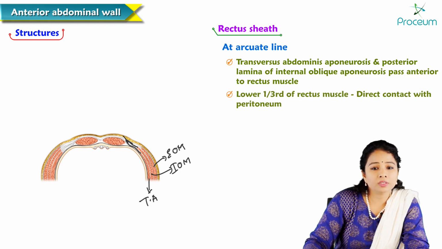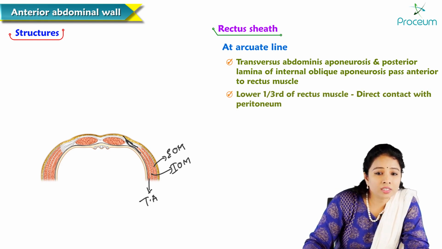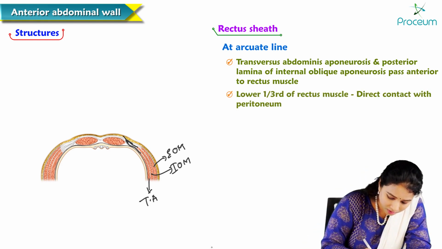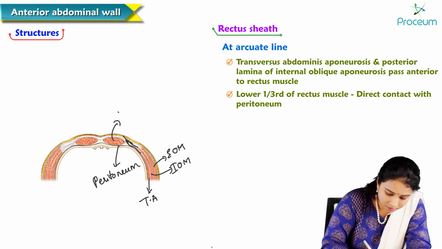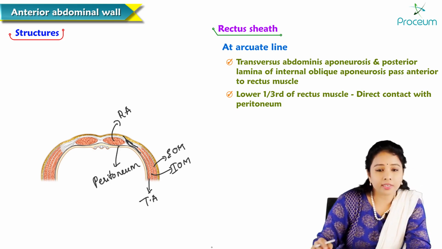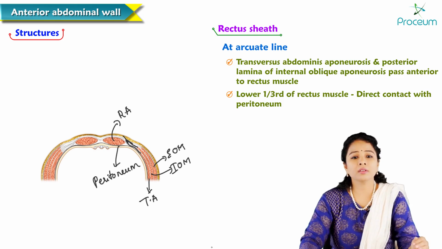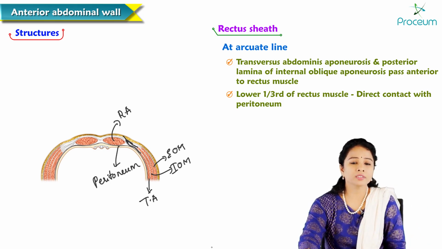Thus the lower one third of the rectus muscle is in direct contact with the peritoneum. We can see here, this is the peritoneum. So the rectus abdominis muscle is in direct contact with the peritoneum in its lower third.